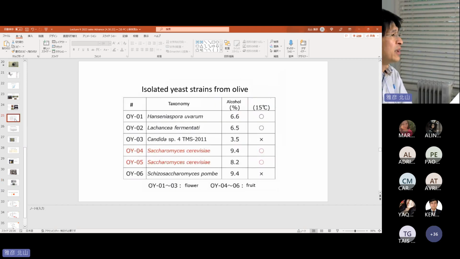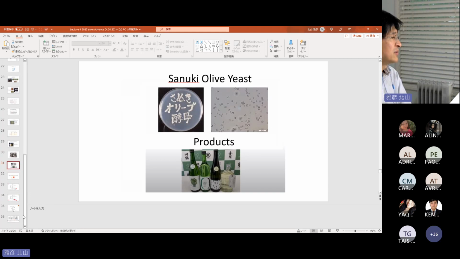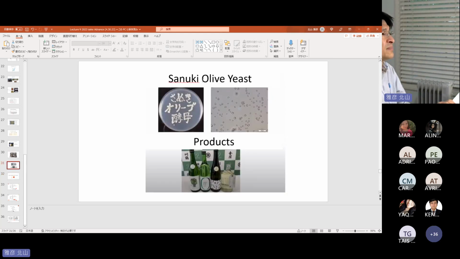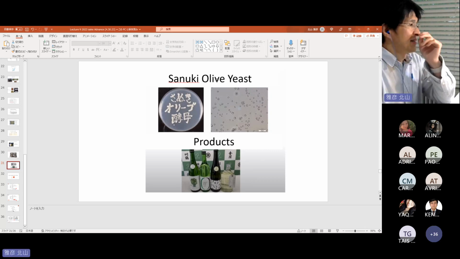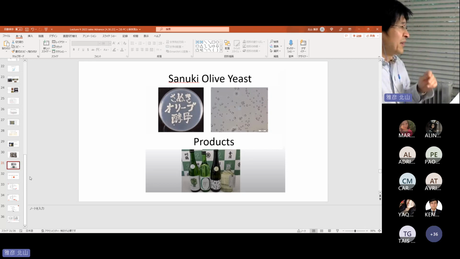So what type of evaluation do we have to make? We need to be clear. This is one example. But people try to develop strains of yeast. They wanted to use the word olive because olive is a characteristic product produced in Kagawa Prefecture.